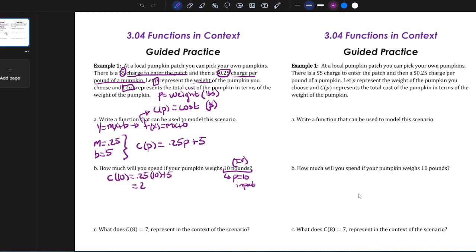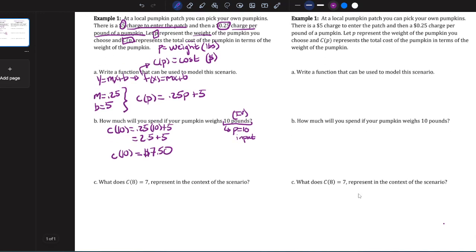Okay, well, it's going to be 2.5 plus 5. And so our cost for our 10-pound pumpkin, or our c of 10, is going to be equal to, writing with units here, $7.50. And so because this is a word problem, we do want to make sure that we are including a solution sentence.